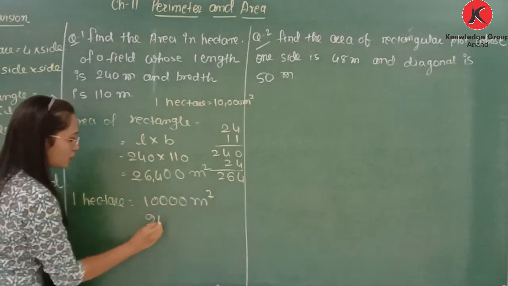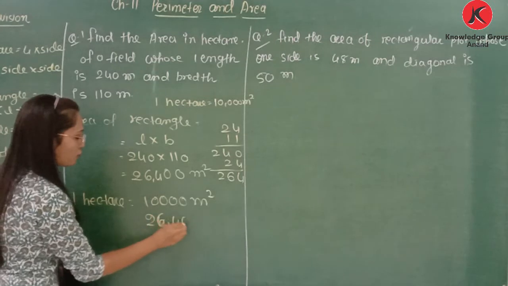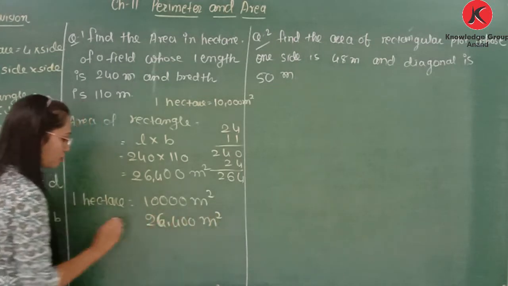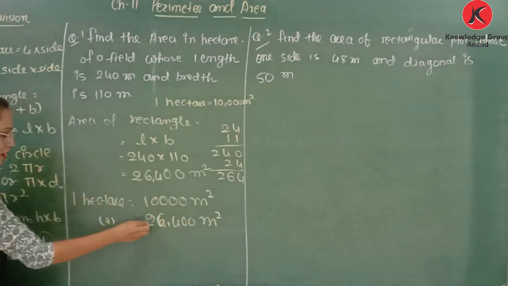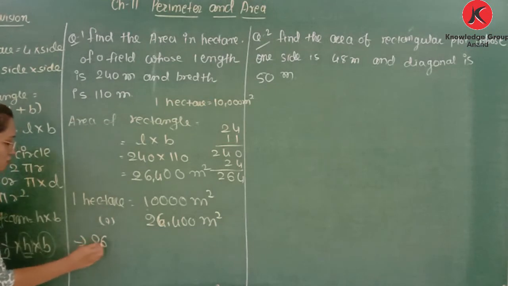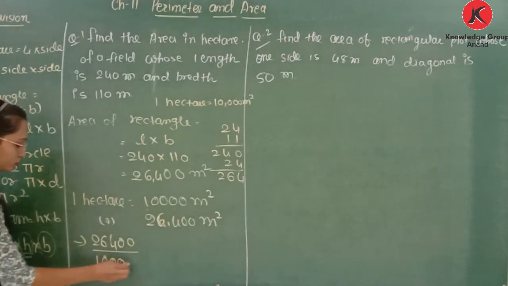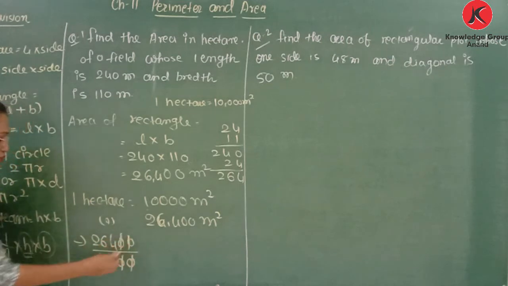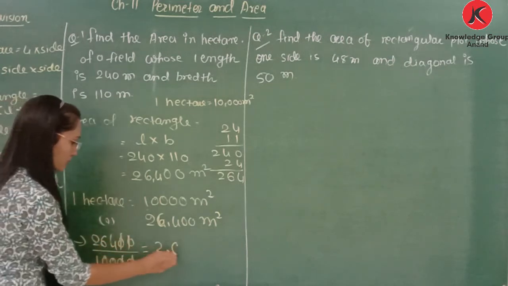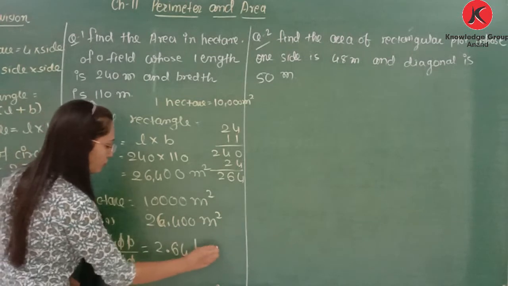So we can write 26,400 meters square will be how much hectare? So divide 26,400 by 10,000. So the 0s will be cancelled. So it is 2.64.